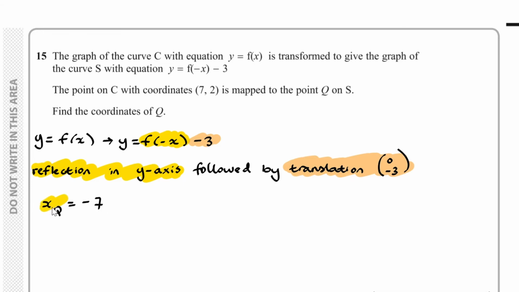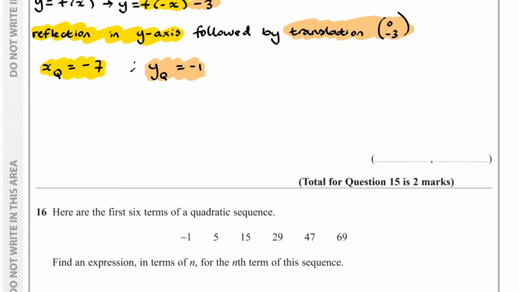So that corresponds to multiplying the 7 by minus 1. And the y-coordinate of Q, that's going to equal 2 minus 3, which is minus 1. So in other words, the coordinates of Q, we have minus 7, minus 1.